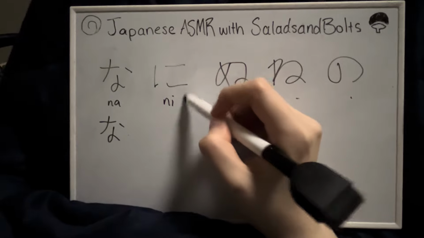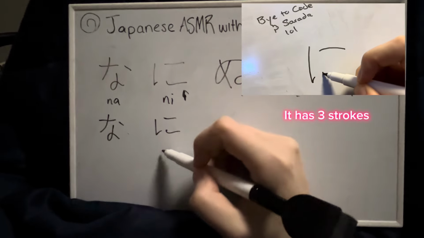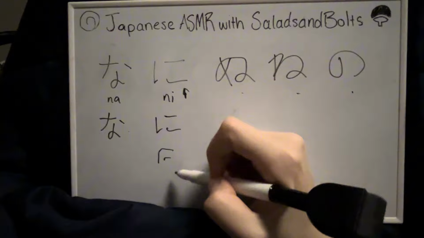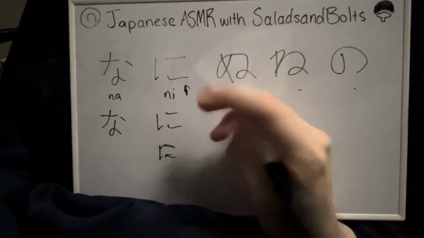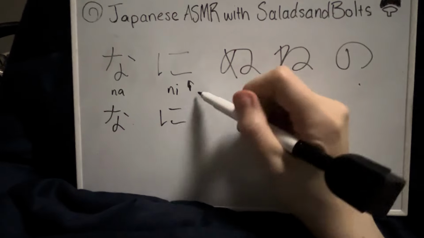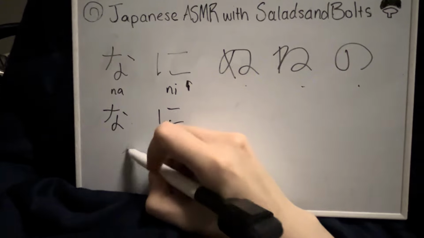Alright, so moving on. This is ni. It kind of looks like a ni. I don't know how else to say it other than that it just looks like a ni. And like I just mentioned, if you have na and ni, then you can already read nani.